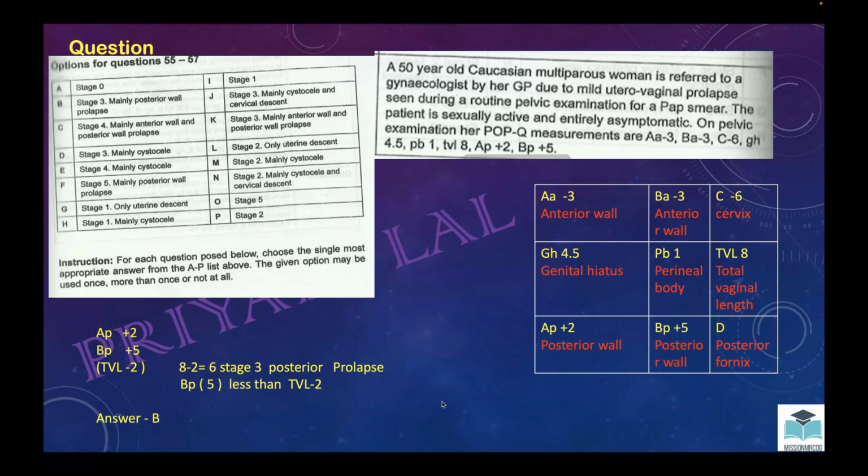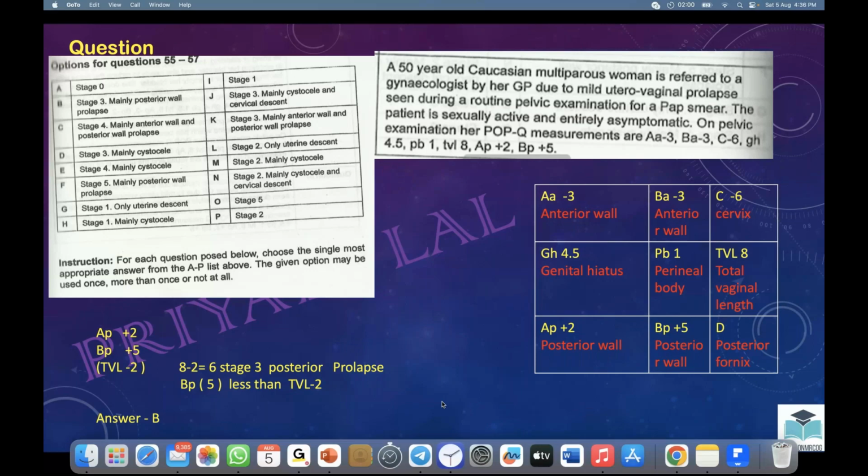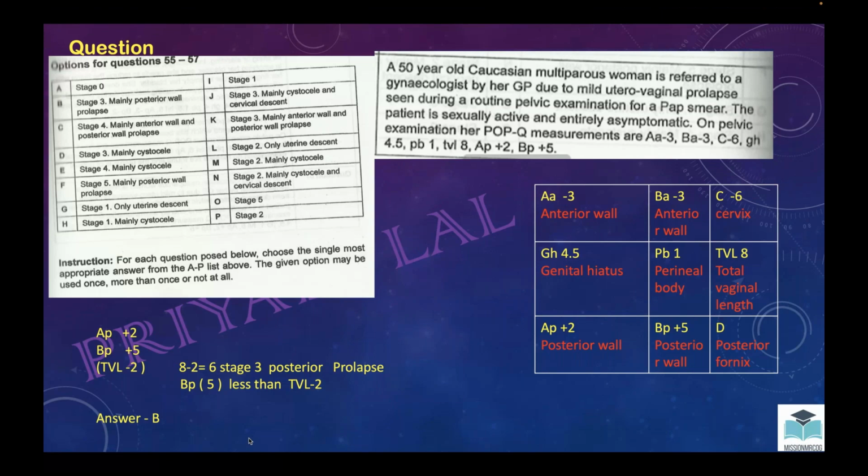So zero will always come between -1 and +1. Stage two is whatever point lies in between -1 and +1, so zero lies between -1 and +1 and it will be stage two only. These are the integers we used to read in mathematics. Have I answered your question? Is it clear now? Yes, now it's clear. Thank you.